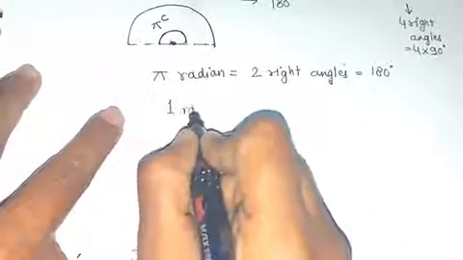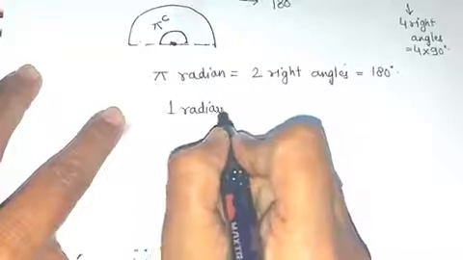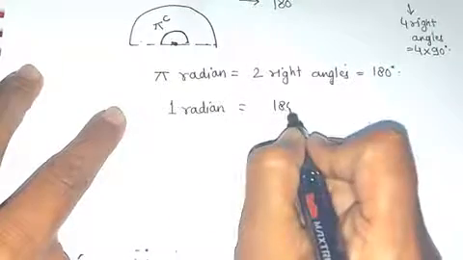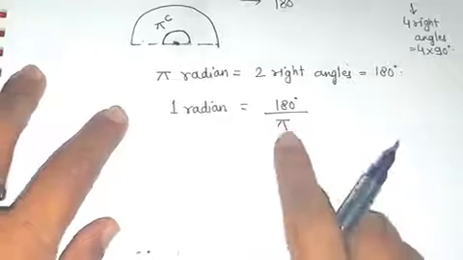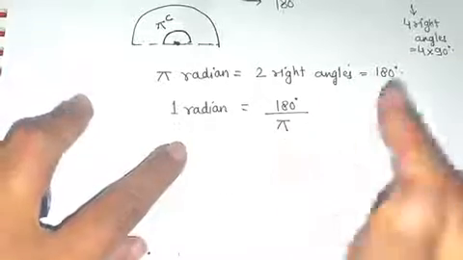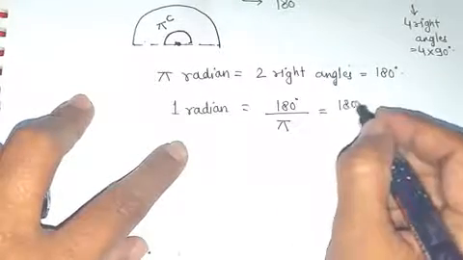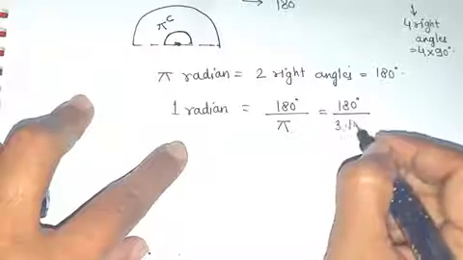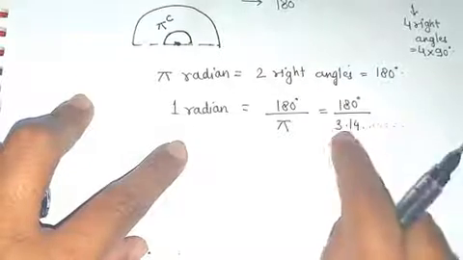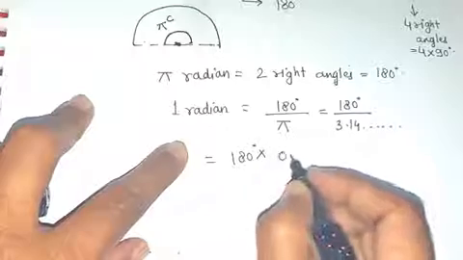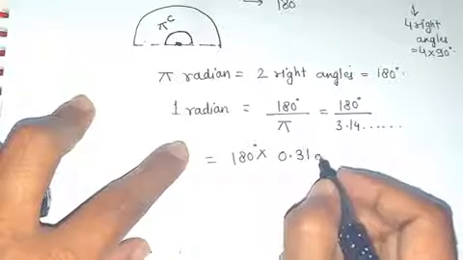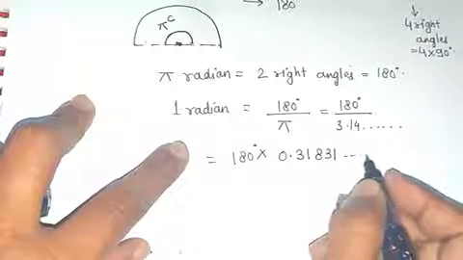Therefore 1 radian equal to 180 degree divided by pi. Now when we put the value of pi as 3.14, we get the reciprocal of 3.14 as 0.31831 and so on.